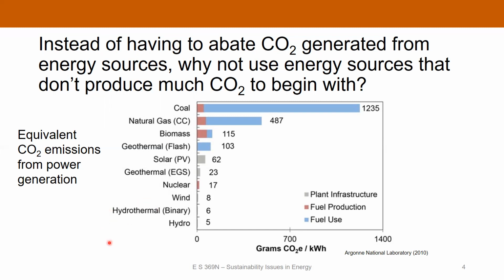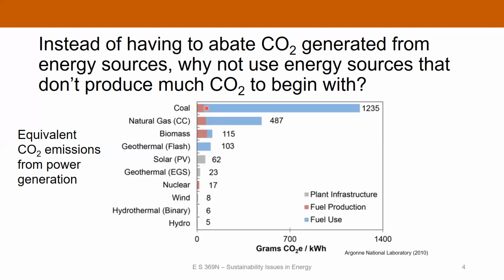So here's a plot of the equivalent CO2 emissions from power generation from various different sources. On the x-axis, we've got grams of CO2 equivalent per kilowatt hour. And here are a bunch of different types of power generation that we're looking at. Okay, I guess if you want to be picky, kilowatt hour actually is a unit of energy, not power, but anyway.